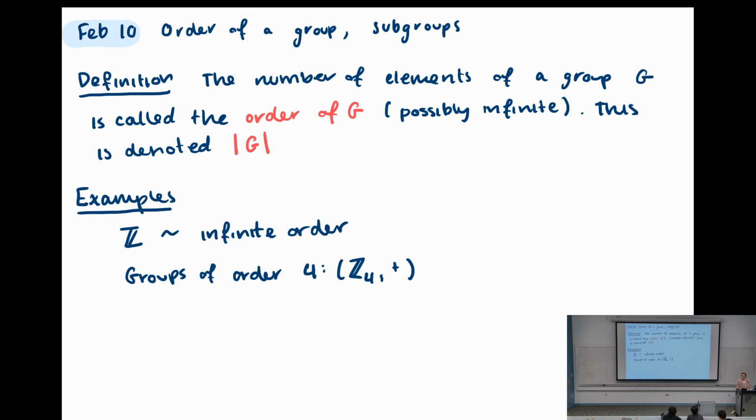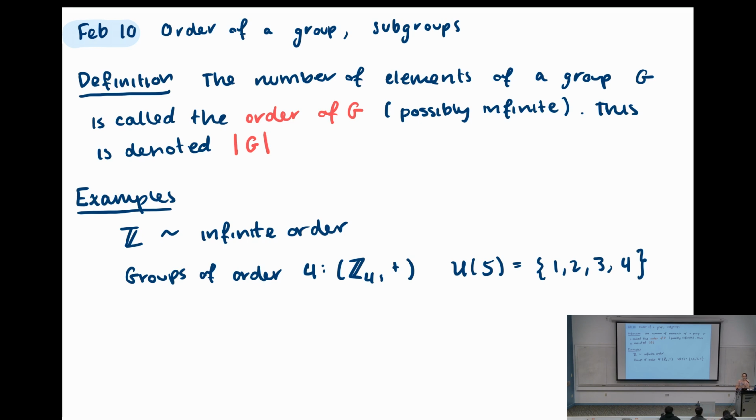Can anyone think of another one? Yeah, so U5. This one has the elements 1, 2, 3, and 4 under multiplication. So that's another example. Yeah.